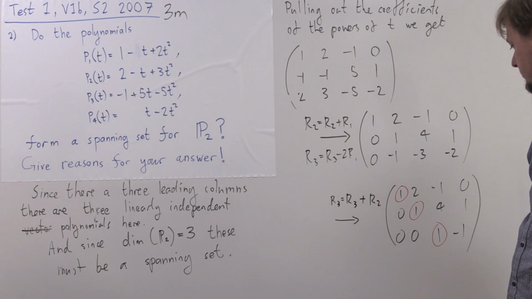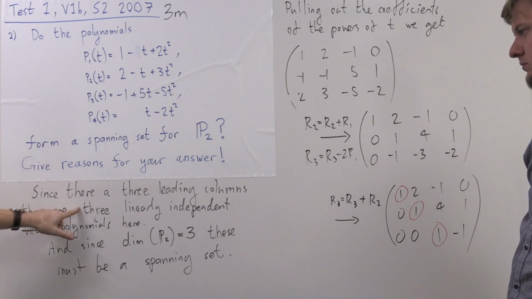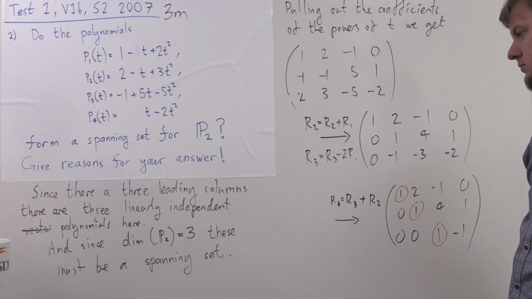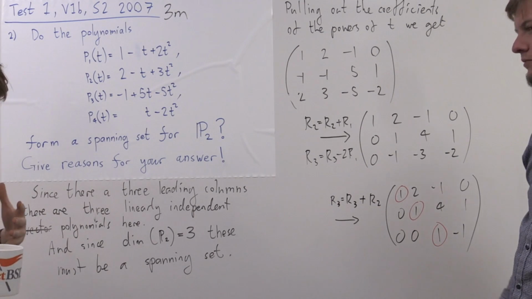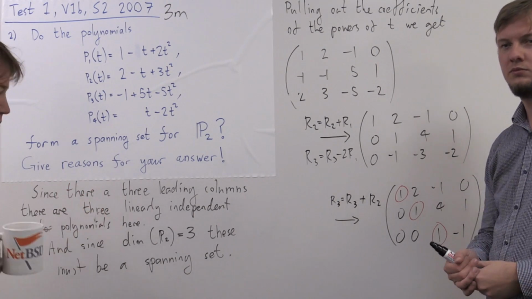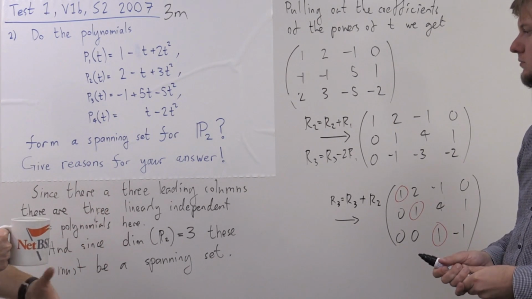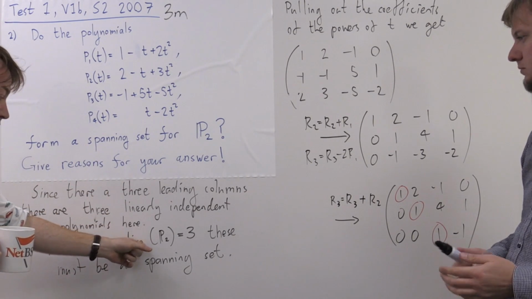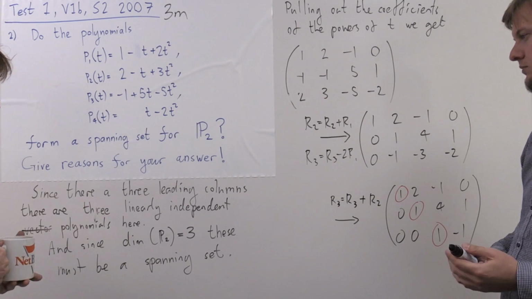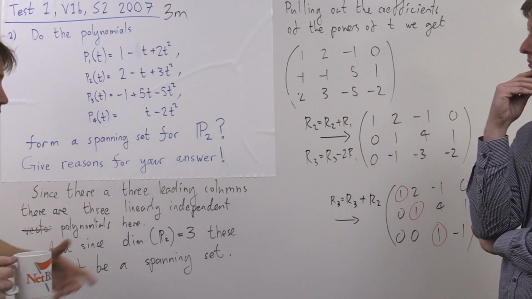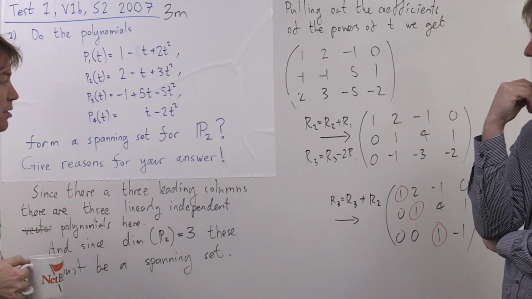I like that you used the linear independence to get there, because if you have three vectors in a three-dimensional space, then linear independence and spanning are the same thing. Linear independence is nicer and easier to show. Using the fact that three vectors in R3 are linearly independent precisely when they are a spanning set, we're able to see that this is a spanning set.